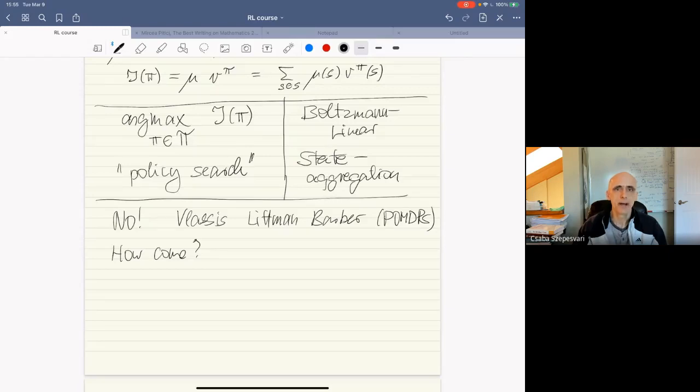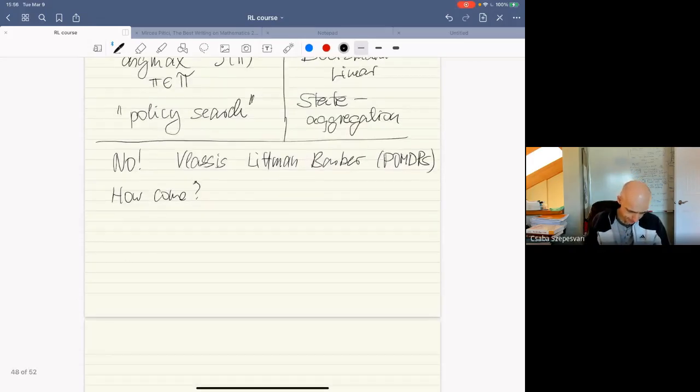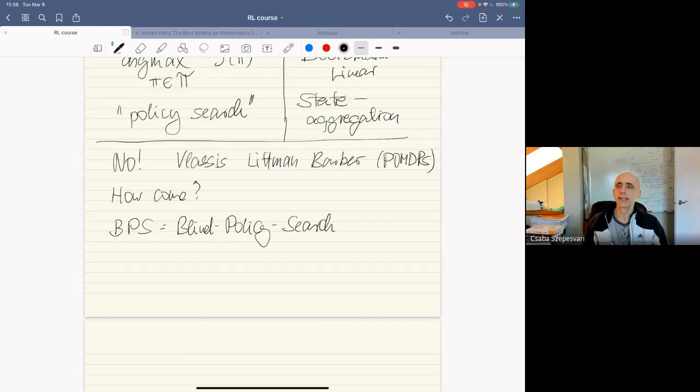We are trying to find a policy which, independently of the state, chooses a distribution. Okay, so it's state aggregation with a single partition, like a single group of states, single part.